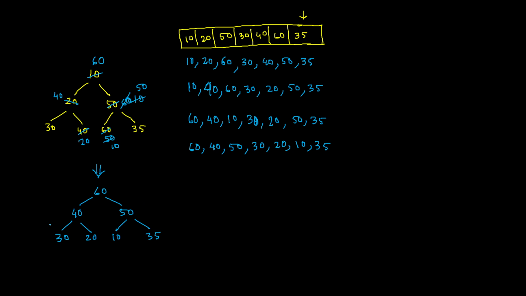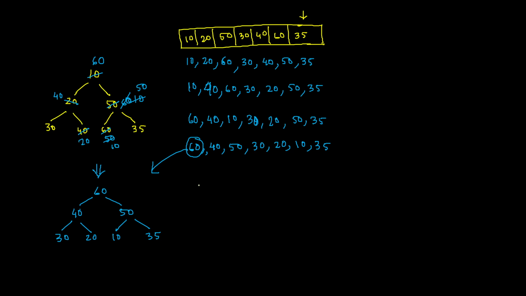Now we can see that this is a max heap, and since this is a max heap, we have got the maximum value in the first position of the array, right? So we can easily take this 60 out of this array. As soon as it is out of this array, the situation will be something like this.